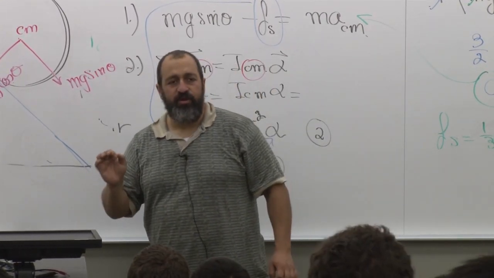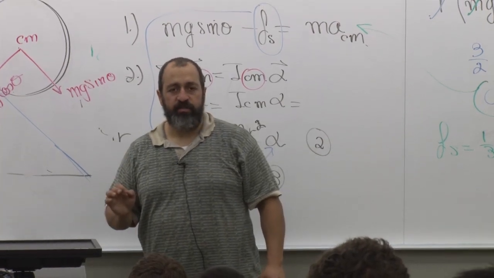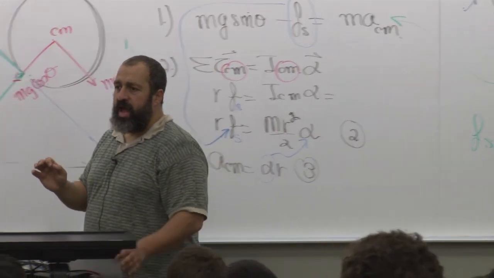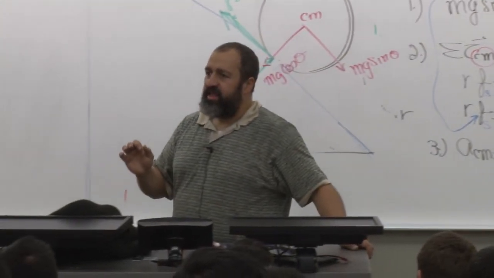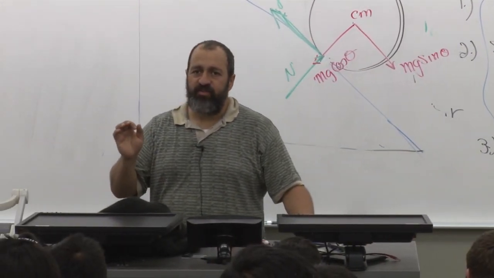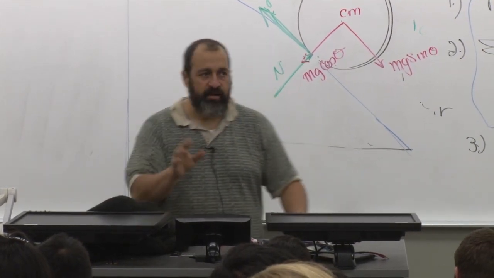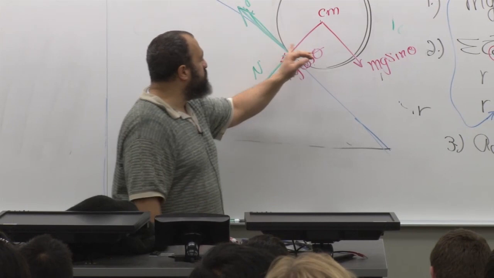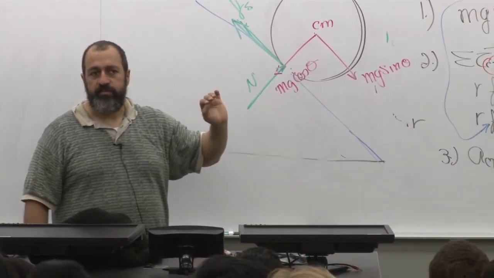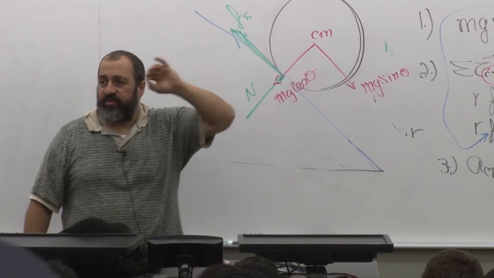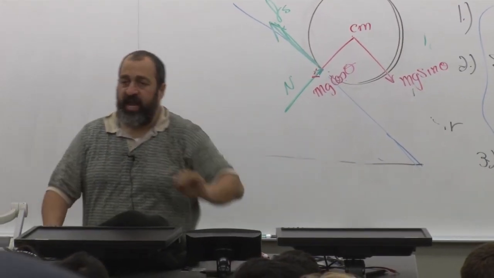Another way to look at rolling motion is to consider it as a set of successive rotations about one point. What am I talking about? Where is the point where the speed is 0? The point on the wheel in contact with the surface, its speed is 0.